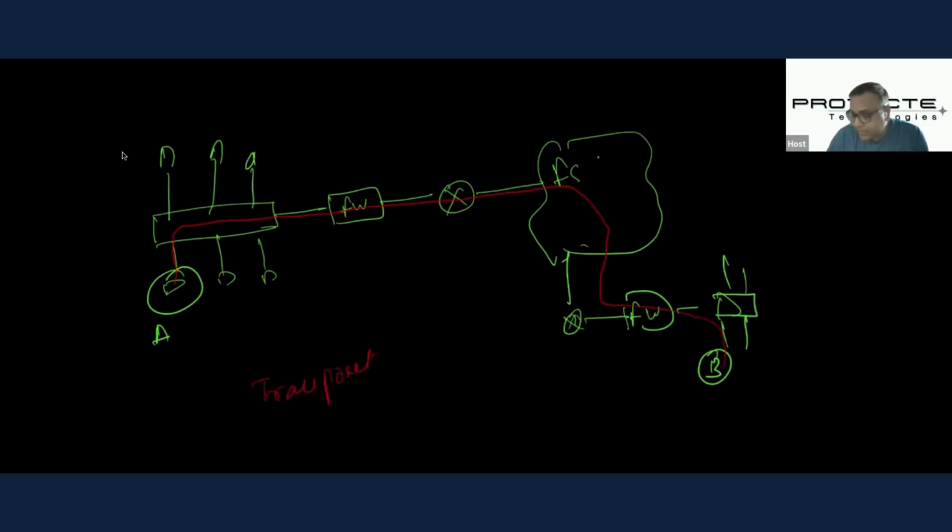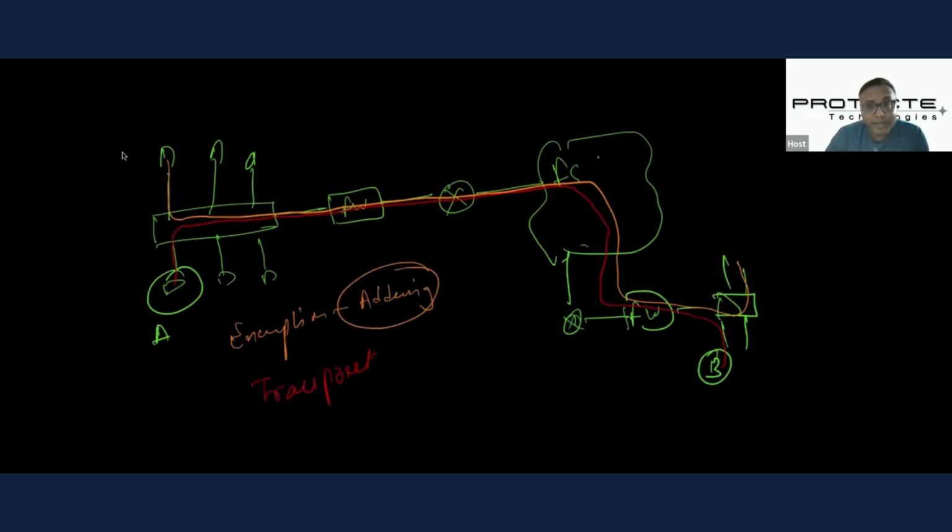That means each and every one in this network can create secure sessions with someone else on the other network. That means the encryption protocol will need some kind of addressing. It needs to know where it needs to send the packet. That means it is transporting the packet. This is called transport mode.